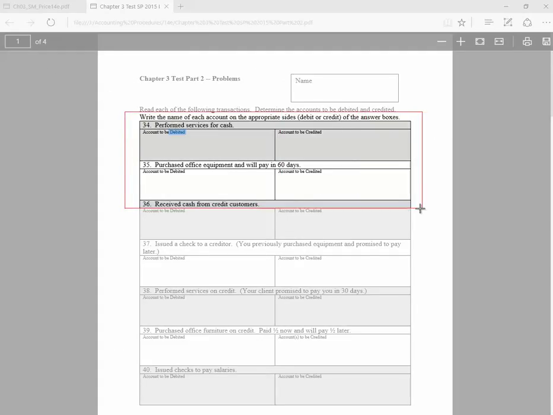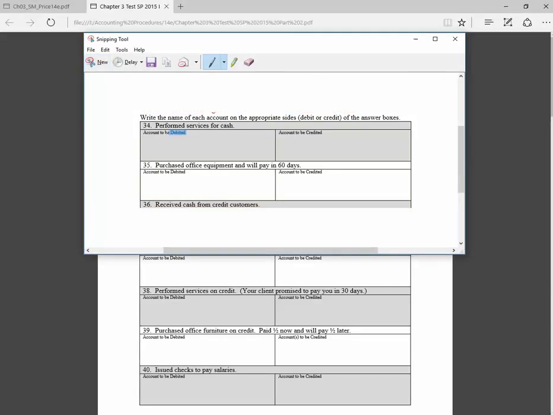Okay, so we'll do these two together. Okay, so our first one is we performed services for cash. When we perform services for cash, we get cash. So we know that's the debited account. All right, so our answer here is going to be cash. But if you wanted to put it in a T account, you could, just to kind of get the gist of this.